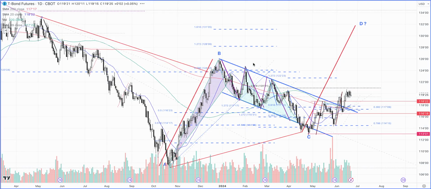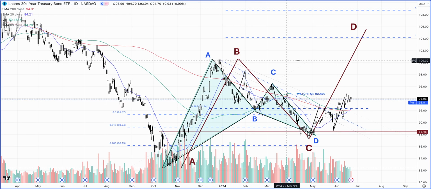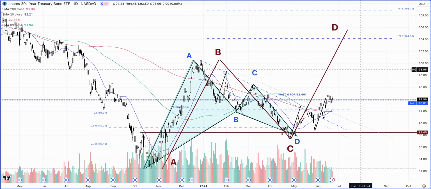This is the ETF for 20-plus year Treasury bonds. It has a similar pattern to what we have in the 30-year, because this is also longer duration, and it remains above 92.40. That was a key level that we were watching. It's doing a similar kind of pattern formation to the 30-year bond, but ultimately we think that we are in the CD leg higher, in the brown cycle, and 104.16 to 105.60 is the kind of level that we're watching.